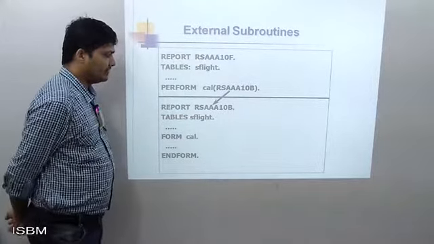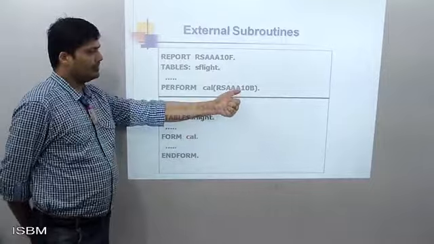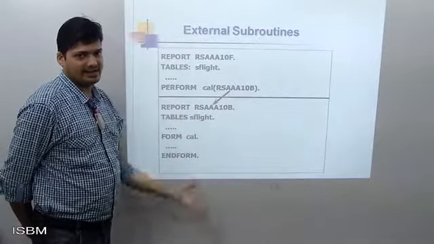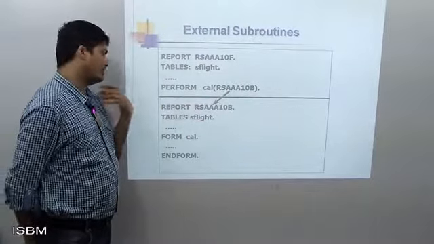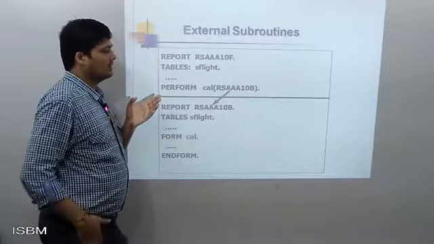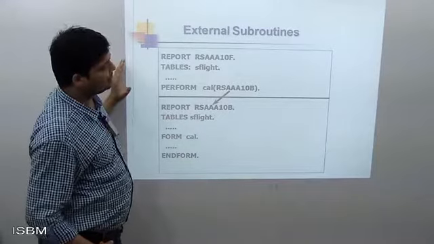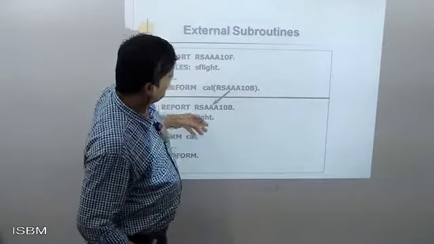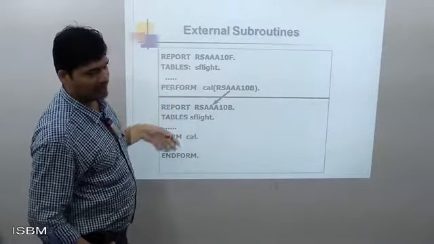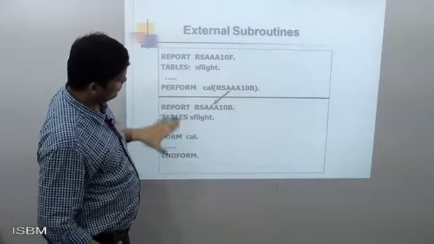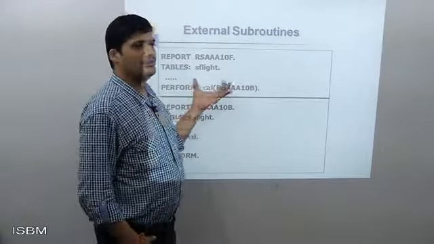But here what I have done is taken another program. That program has been declared somewhere else, with its own logic, but I have used it in my program. That is called an external subroutine, or external program. So I have fetched this external program into my own program.